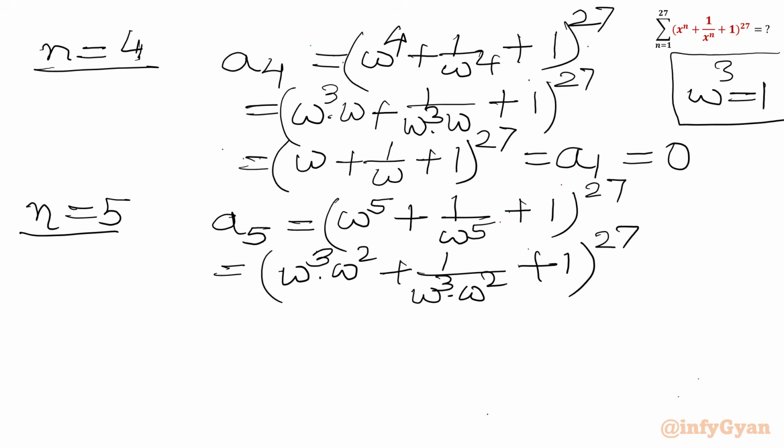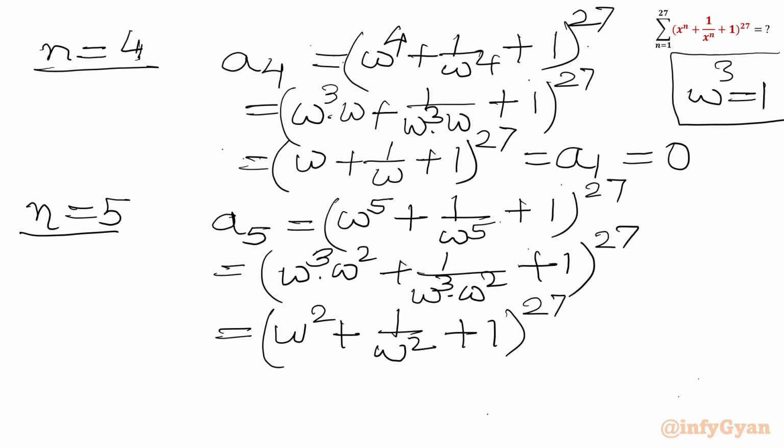Now omega cube is 1, so we will write (omega square plus 1 over omega square plus 1) whole power 27. And this is the value of a2 and will be equal to 0. So except a3, a1, a2, a4, a5, all values are 0.